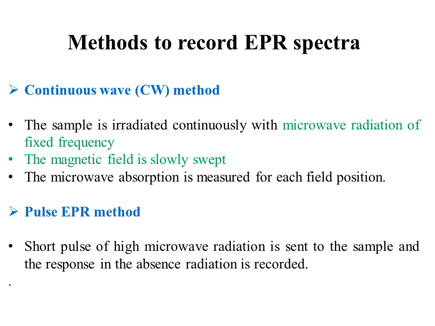The microwave absorption is measured for each field position. The second one is the pulse EPR method. A short pulse of high power microwave radiation is sent to the sample and the response in the absence of radiation is recorded.